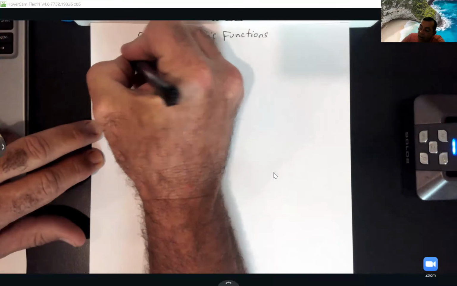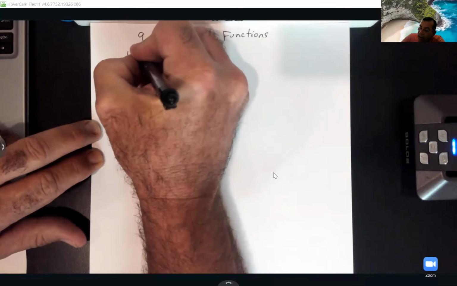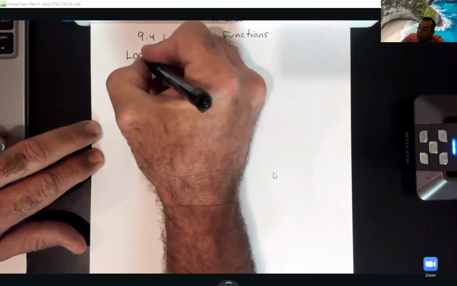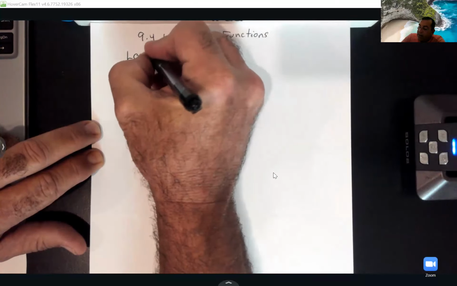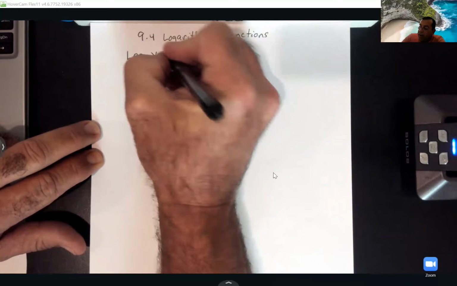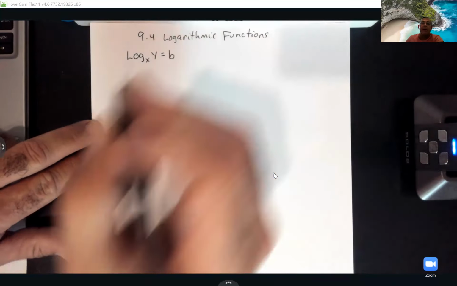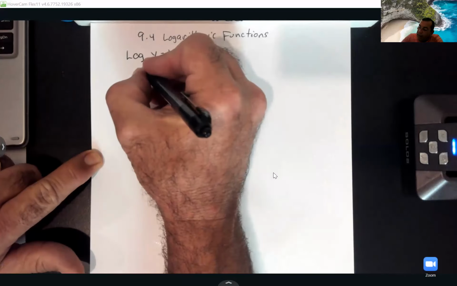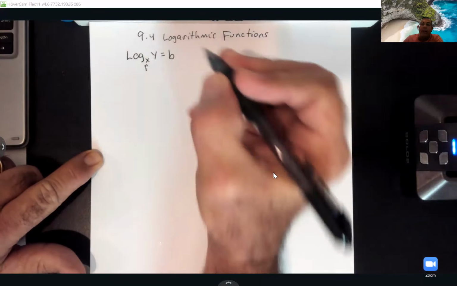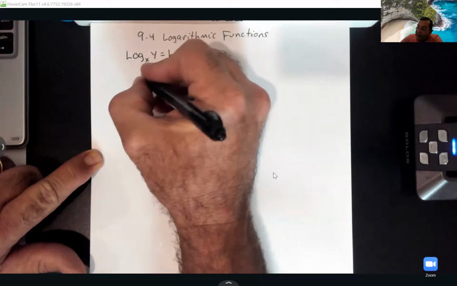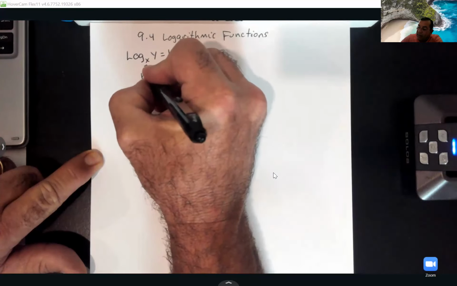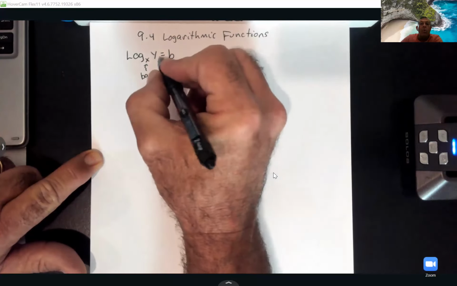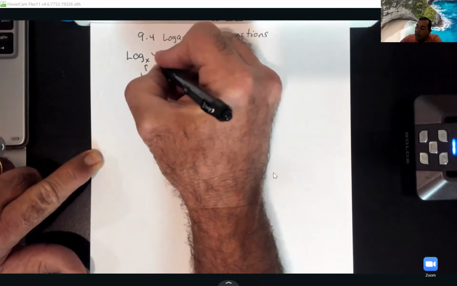So y'all, I got log subscript x of y equals b. So logarithm notation, the x, we call that the base. Y is the result.